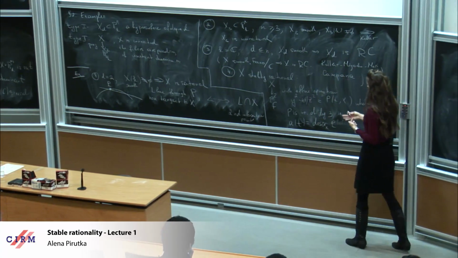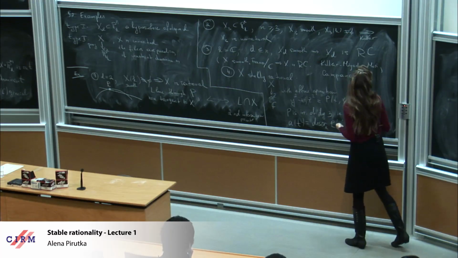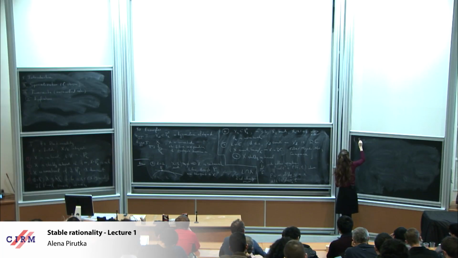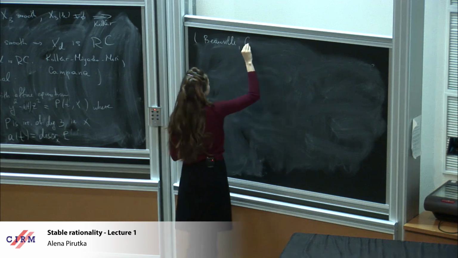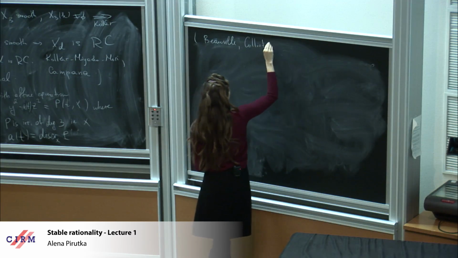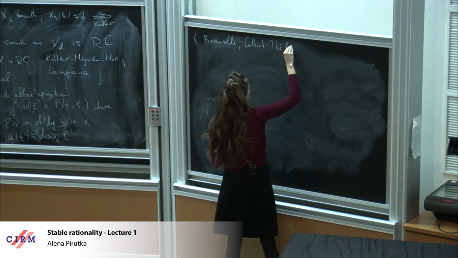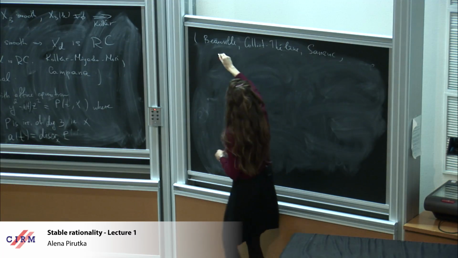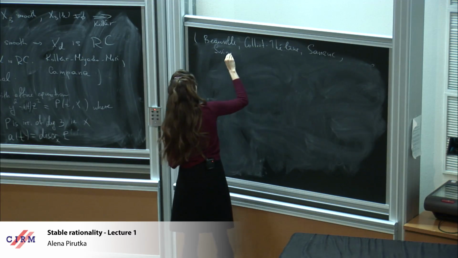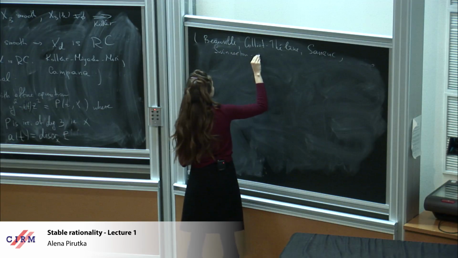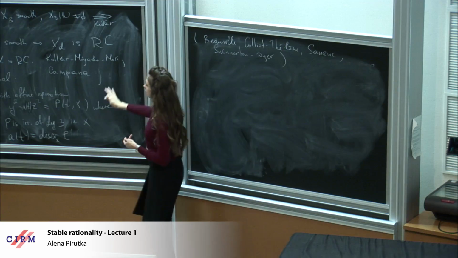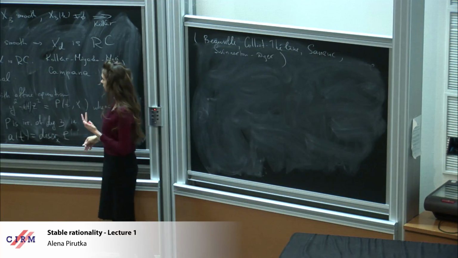Then this variety is not stably rational. So this is established by Beauville, Colliot-Thélène, Sansuc, and Swinnerton-Dyer. Well, and there is a theory behind this property, actually.